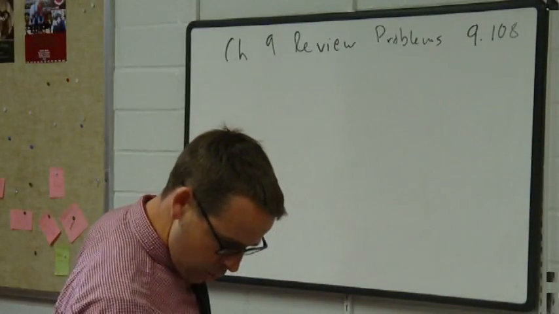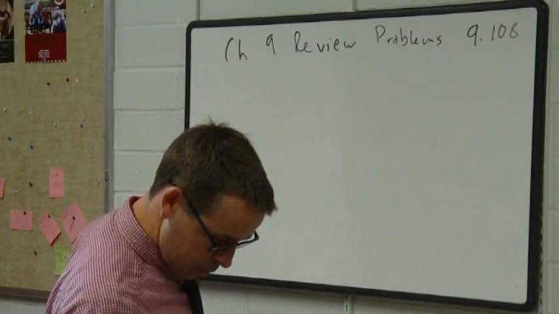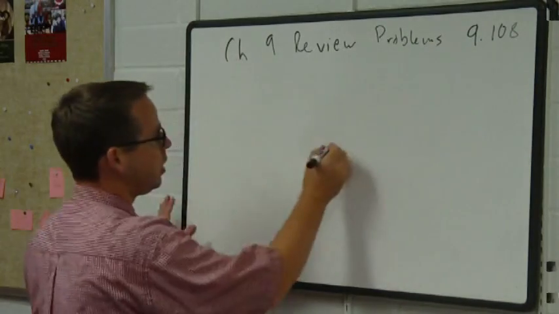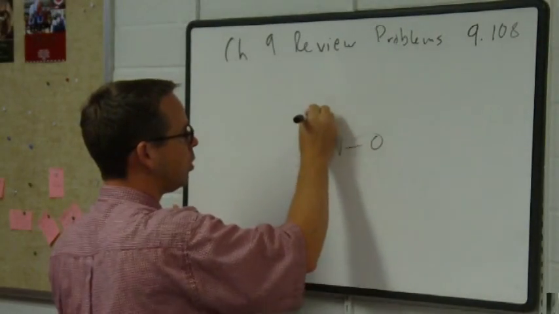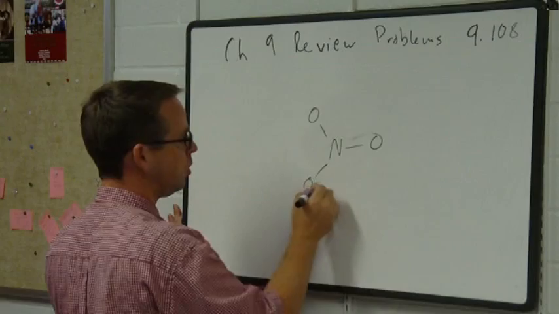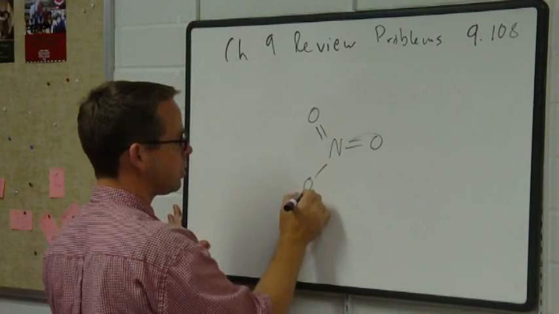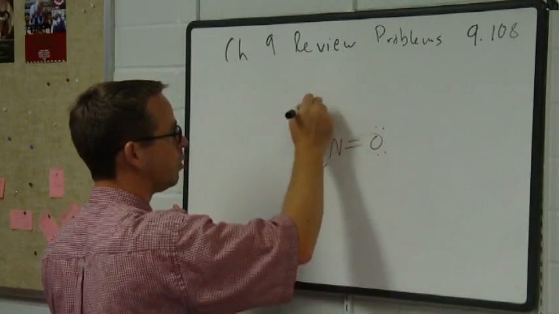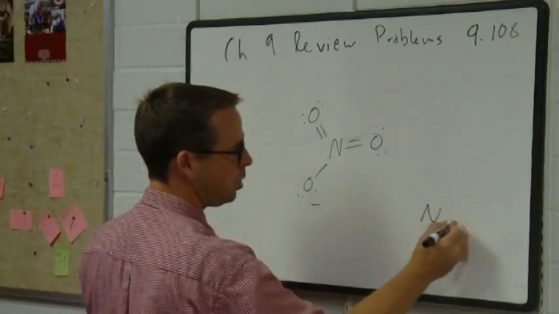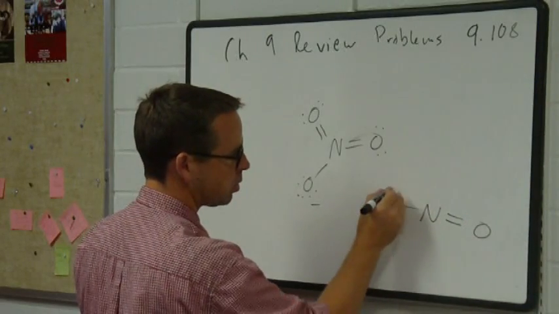How should the NO bond lengths compare in the NO3 minus and NO2 minus ions?